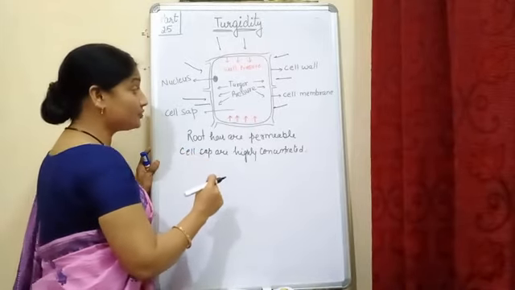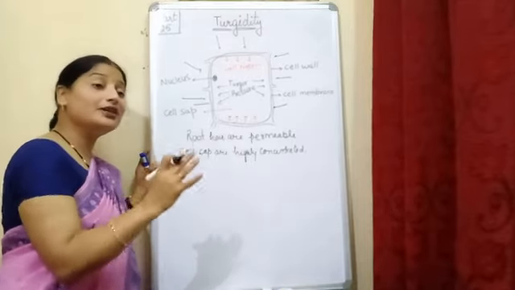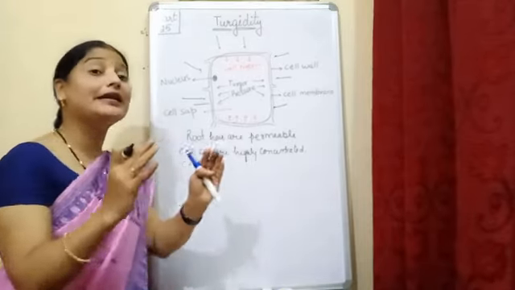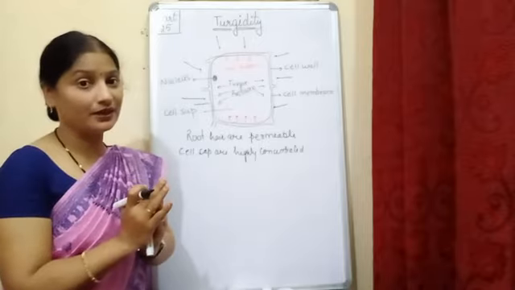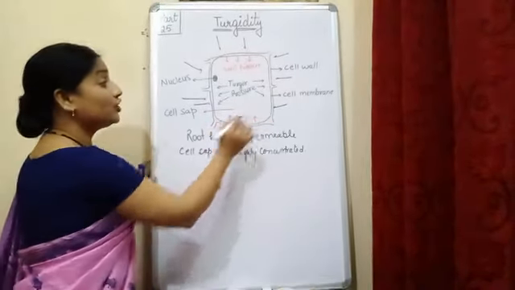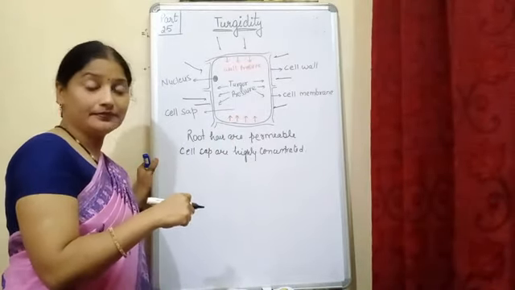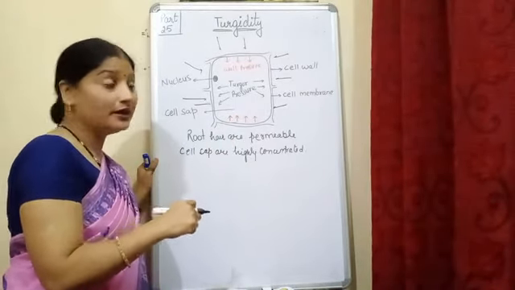And in that situation, a condition will come when your cell will be completely filled with water. That is, we can say that the cell vacuole will be filled with water. And that condition is called the turgid condition.